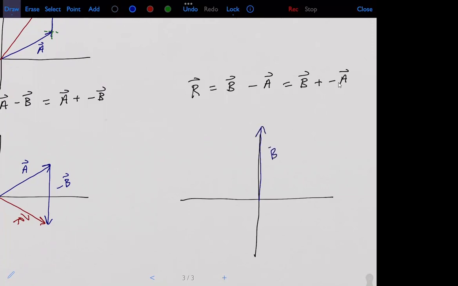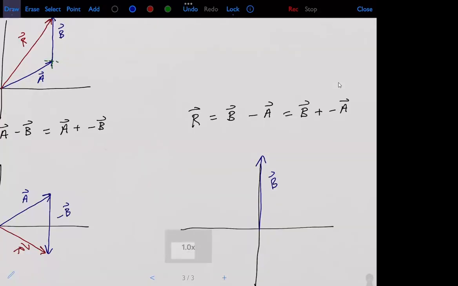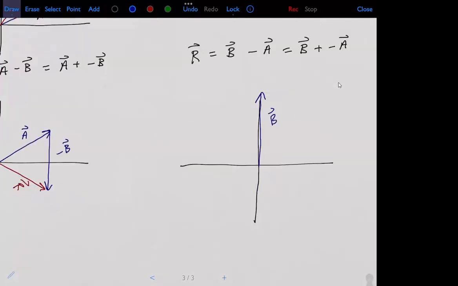That's B. And then if I add the opposite of A, since A is coming out at 30 degrees like this, it's going to go the opposite way. If it's 30 degrees like this, then negative A will look like this, where this is 30 degrees. And then finally, the resultant vector is going to be in that second quadrant. If I go from the tail of B to the tip of negative A, that'll be my resultant R. And again, I can measure the length and I can find the angle here just by using the protractor.